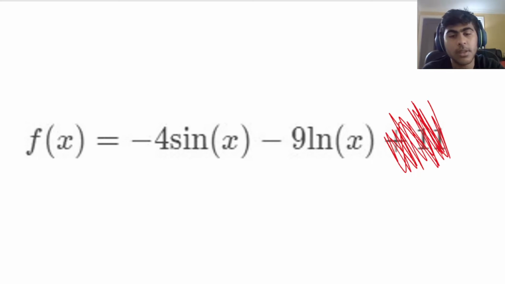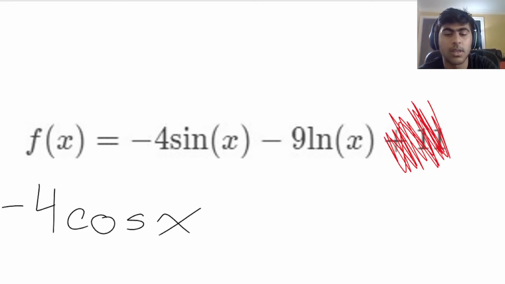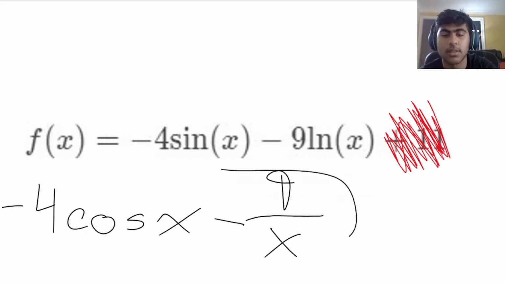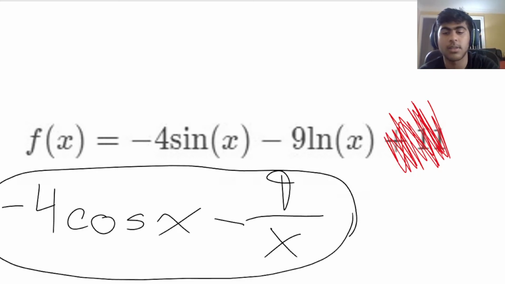So sine of x gives cosine of x, so negative 4 cos x, and then minus 9 times ln x. The derivative of ln x is 1 over x, and that would be 9 over x. Nothing to it. Let's keep going.